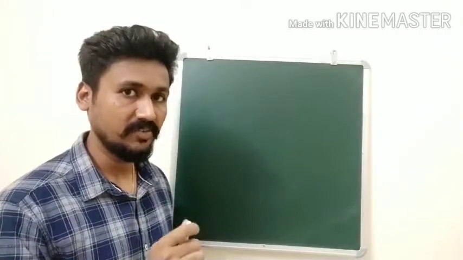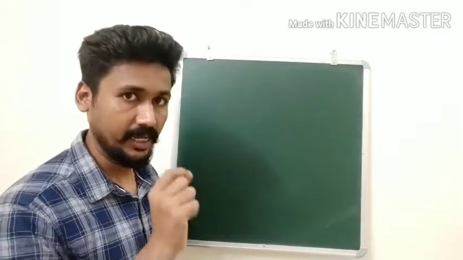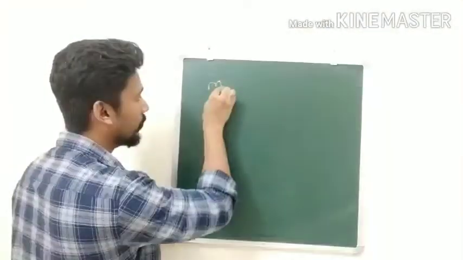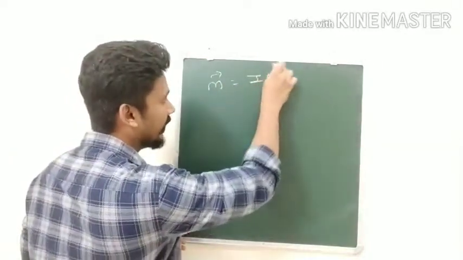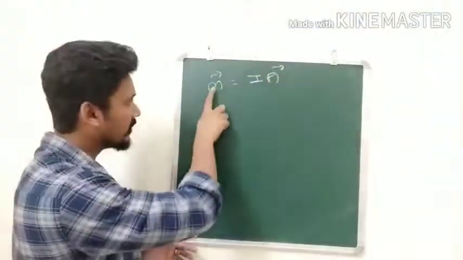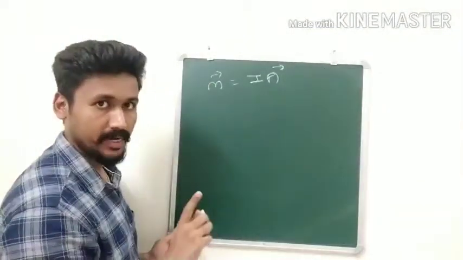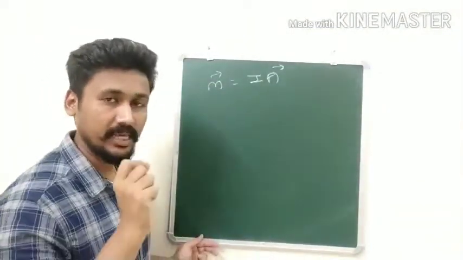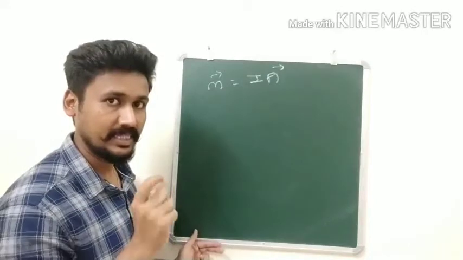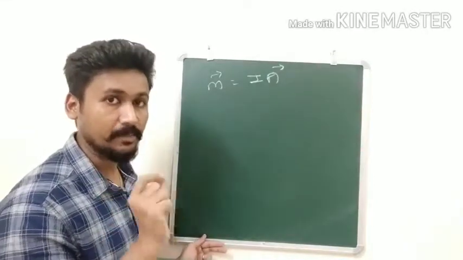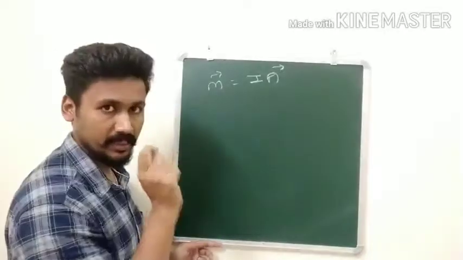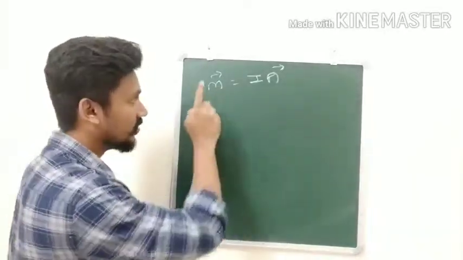From this we see the definition of magnetic moment. The magnetic moment vector is defined as the product of current and area vector. So this is the definition of magnetic moment. Now magnetic moment is a very important concept. Basically, the concept of magnetism will be understood through the magnetic moment vector, so it is very important to understand.